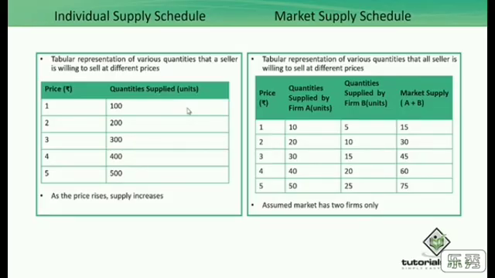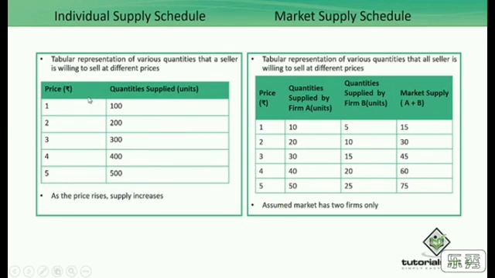In a supply schedule, we have the different possible prices at which the suppliers are willing to supply the commodity. It shows a positive relationship between the price and the quantity supplied. Just like the demand schedule, in the supply schedule we have the individual supply schedule and the market supply schedule.